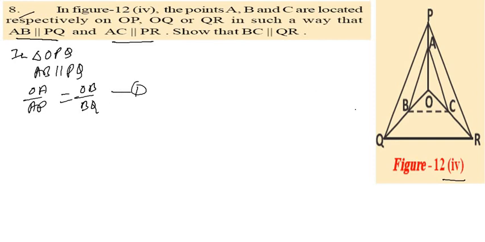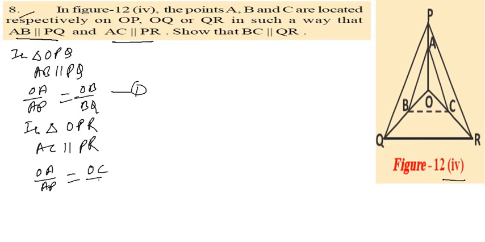Now AC parallel to PR. So you have to write in triangle OPR, given that AC is parallel to PR, that means OA upon AP is equal to OC upon CR. So it's your equation second.